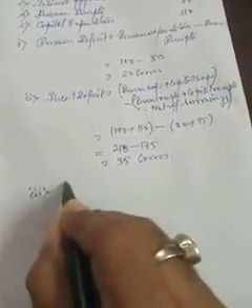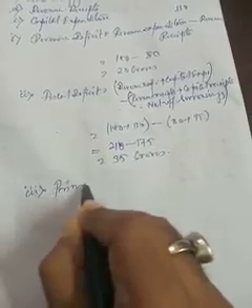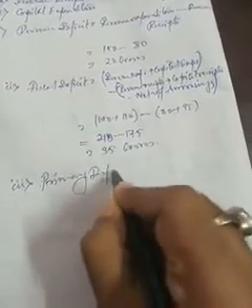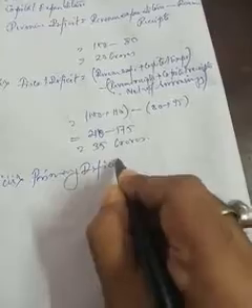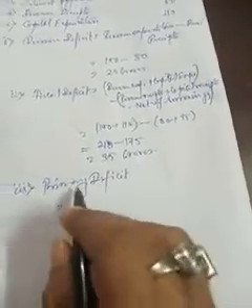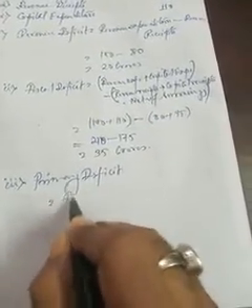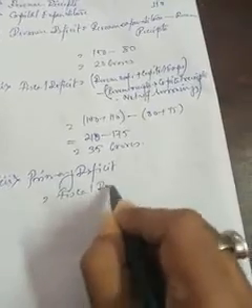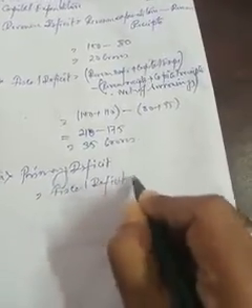Next is primary deficit. What is the formula of primary deficit? Fiscal deficit minus interest payment by the government.